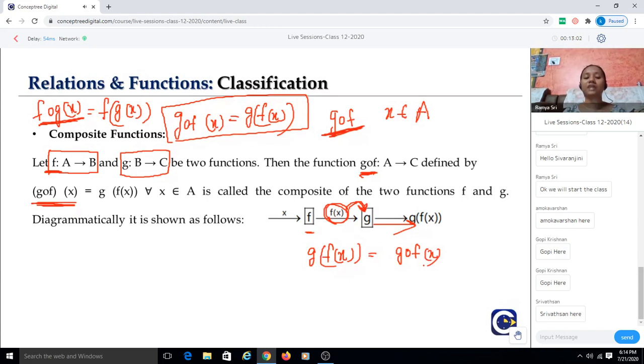So this is how we represent our composite functions. So we can write any composite functions from our standard given functions. As an example, we have taken two functions f and g, and defined our composite function g of f of x, as well as another example, f of g of x. So this is how we'll be writing our composite functions.